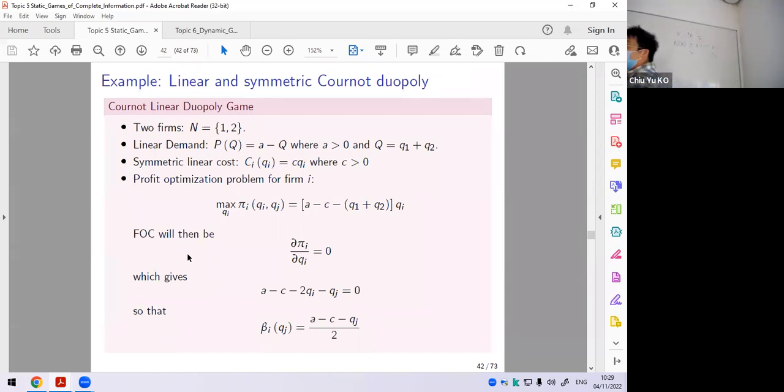And because of symmetry, you can see we have this one, which is beta 2. So, from the definition, the intersection of these two lines, or best response correspondences, is a Nash equilibrium.